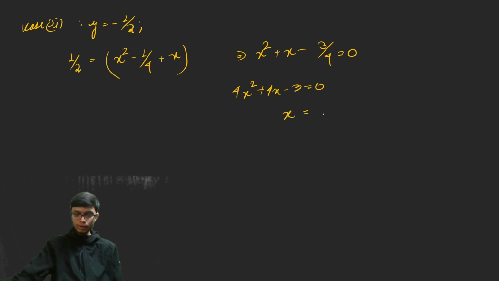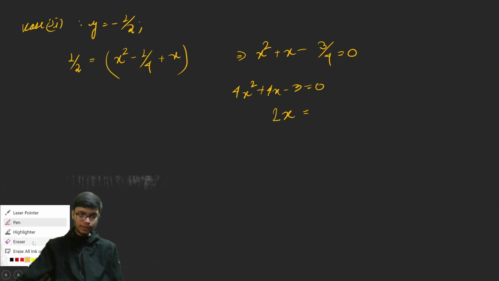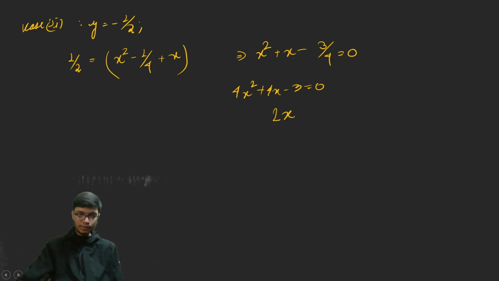So from here the roots are obtained. You can factorize this as 2x minus 1, and the other factor will be 2x plus 3.